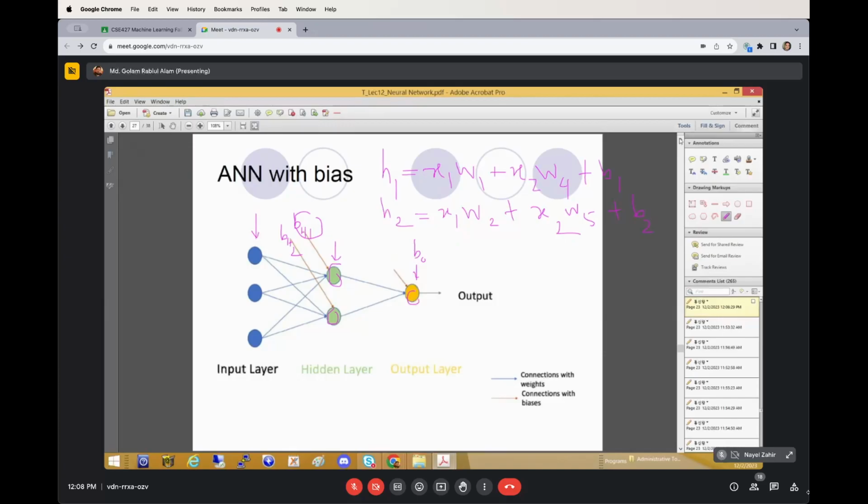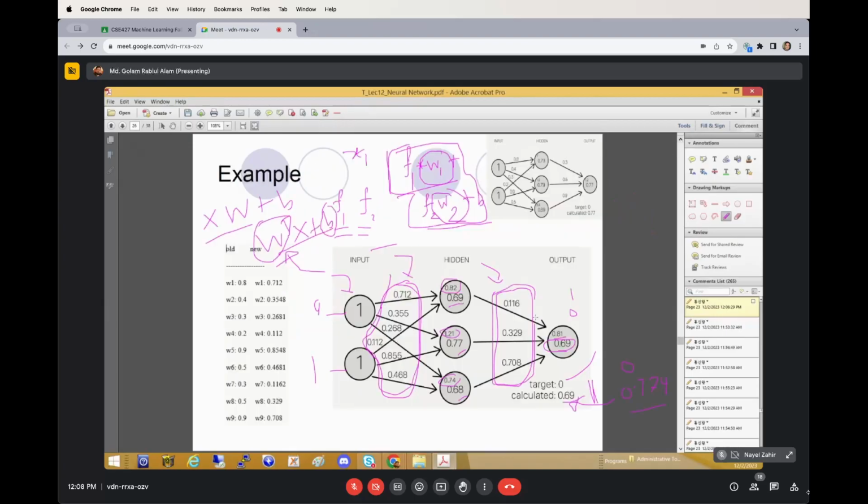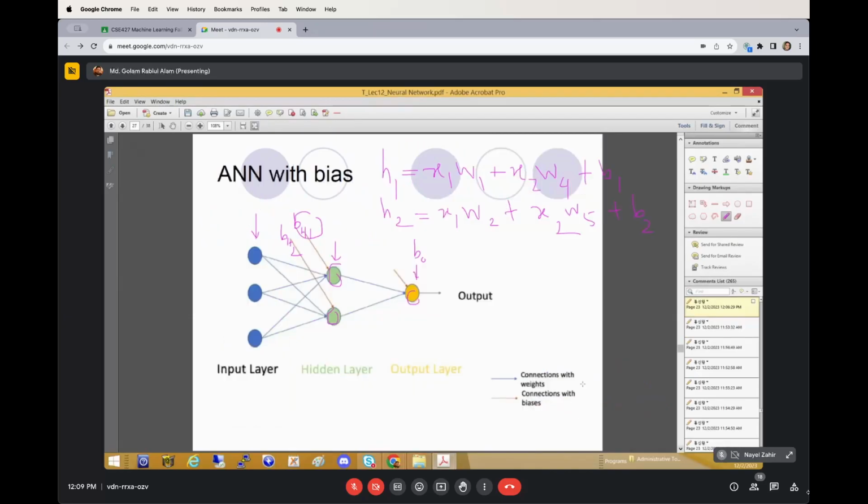In our previous example we have three hidden units: hidden 1, hidden 2, hidden 3. For each hidden unit we have to add the bias. So for h3, previously we calculated just X1 W3 plus X2 W6, but this time we have to add bias 3 in our third hidden layer unit.